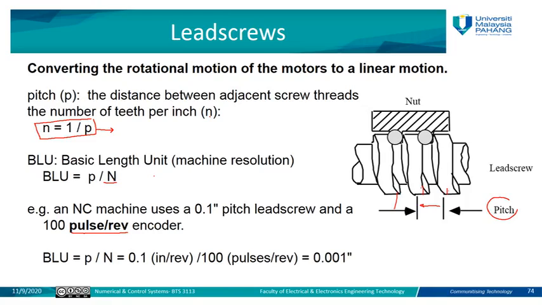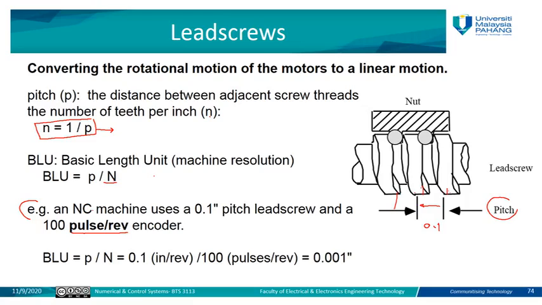So BLU here equals P over N. For example, if a CNC machine or NC machine uses a 0.1 pitch lead screw, that means the distance between the two threads is 0.1, and 100 pulses per revolution.